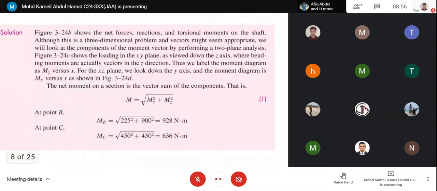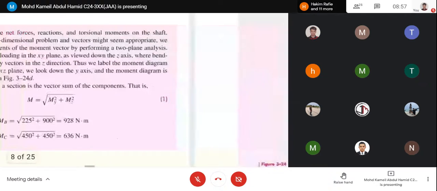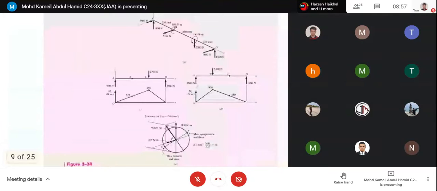What is important, don't forget, is to get your resultant moment. For example, at point B, get the resultant, the net moment. At point B, for the XY plane you will have 225 and for the XZ plane you will have 900.